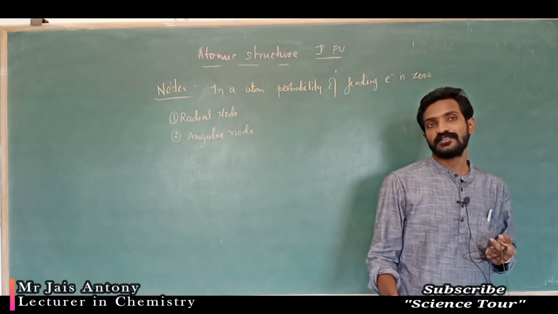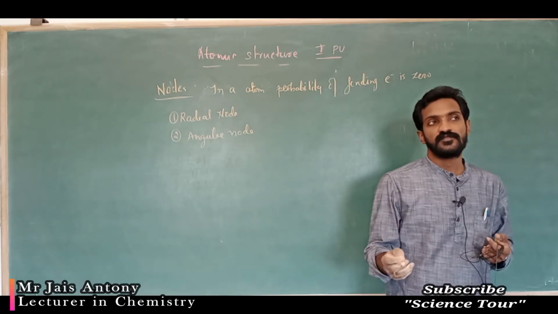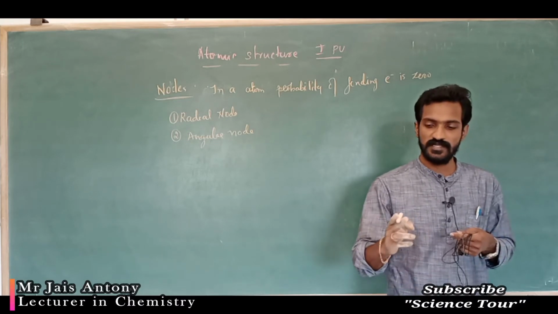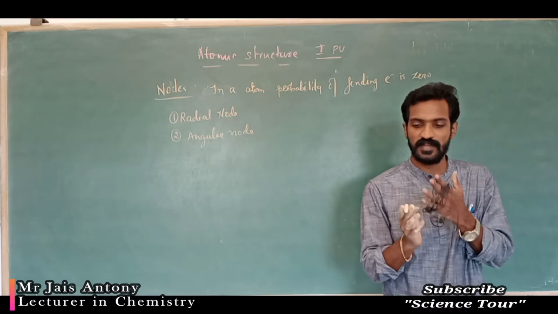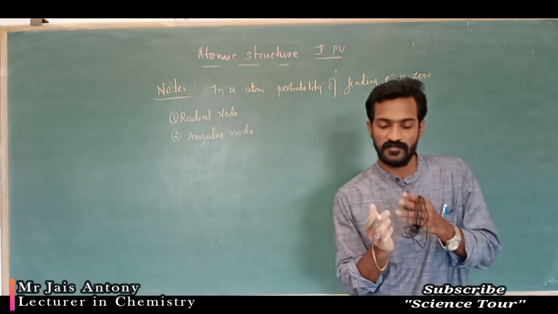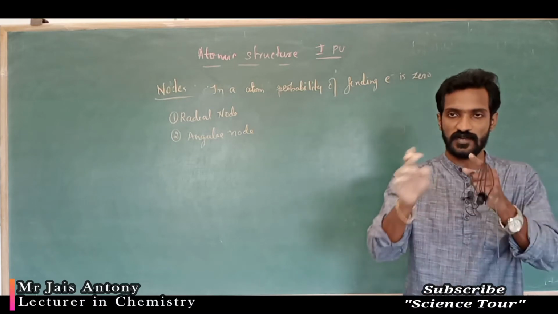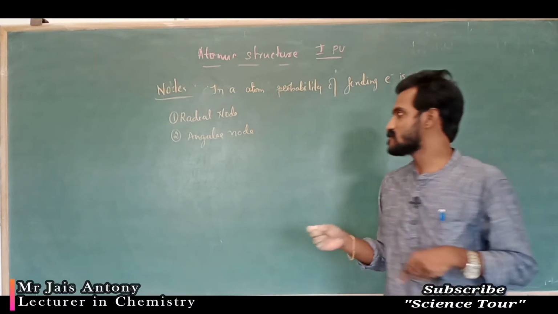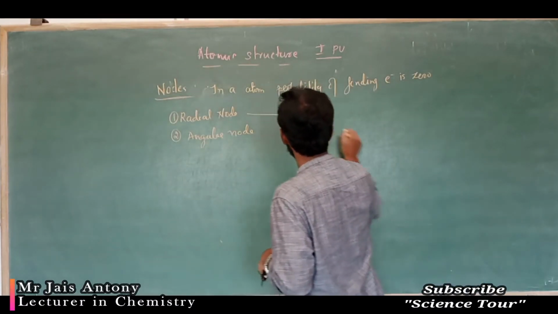A spherical region in between, where finding an electron is 0. That means a spherical region between orbitals where the probability of finding an electron is 0. One orbital, after that the second orbital comes. Between these orbitals, I will explain. Radial node.